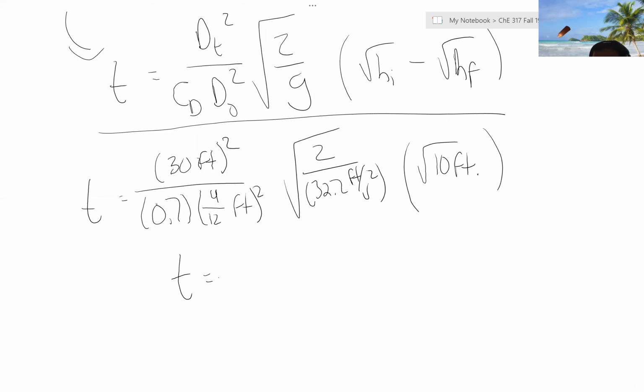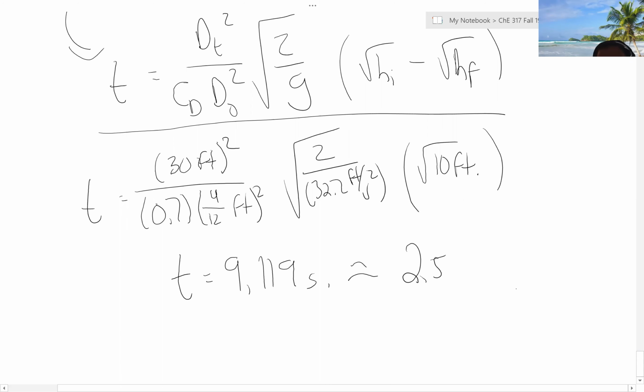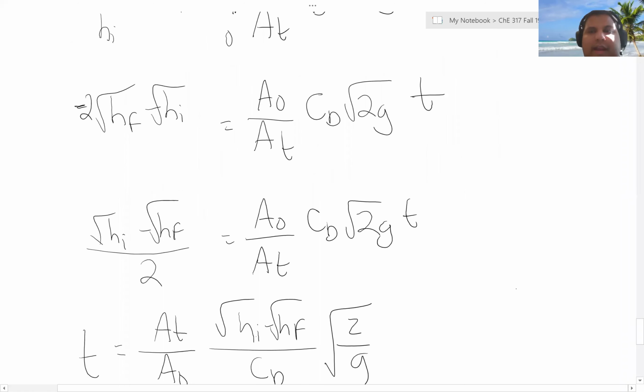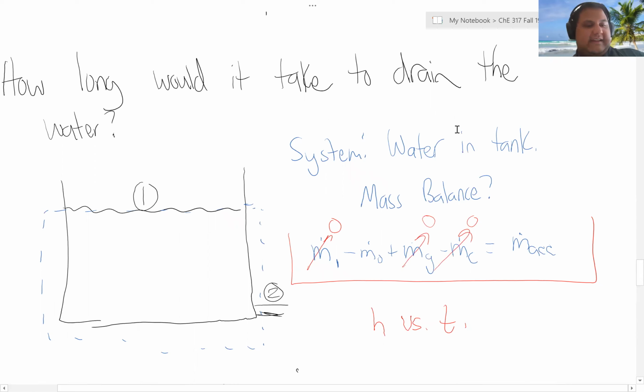Doing this really quick, I get about 9,109 seconds, or approximately 2.5 hours to drain the tank. And that accounts for the change in velocity and flow rate at the discharge as a function of the static potential energy changing, because there's just less water in the tank over time.